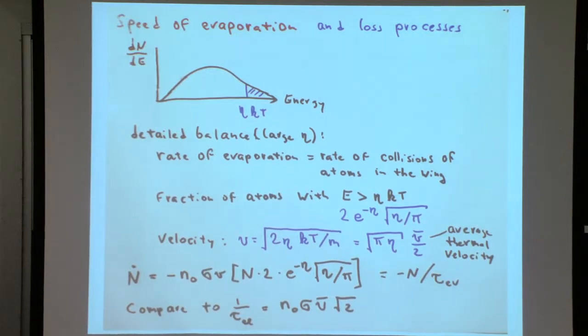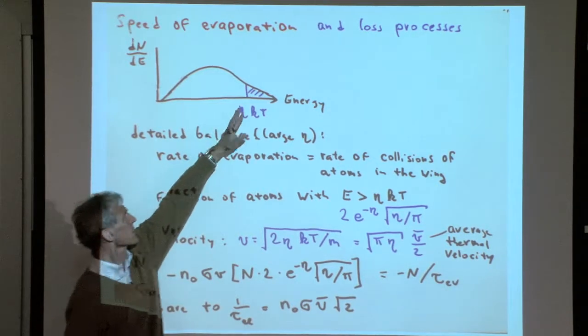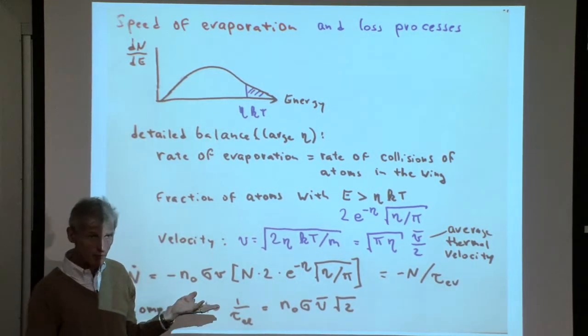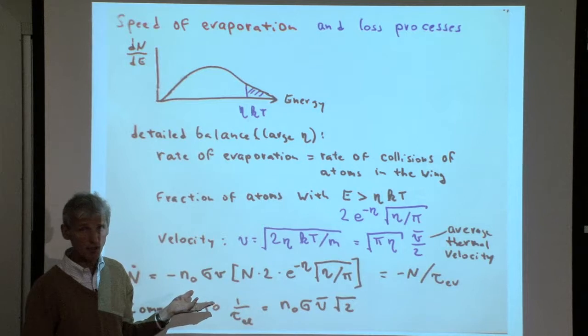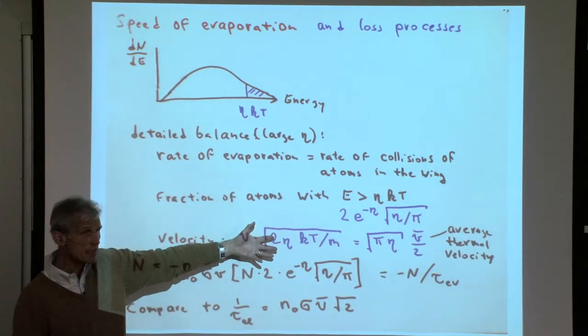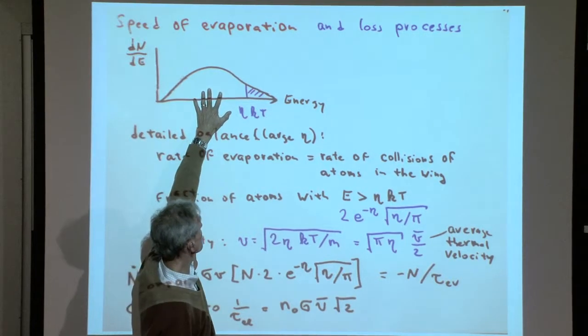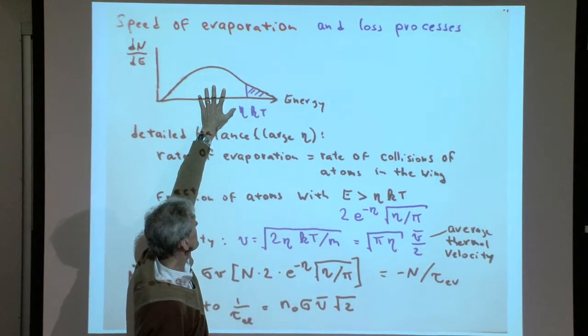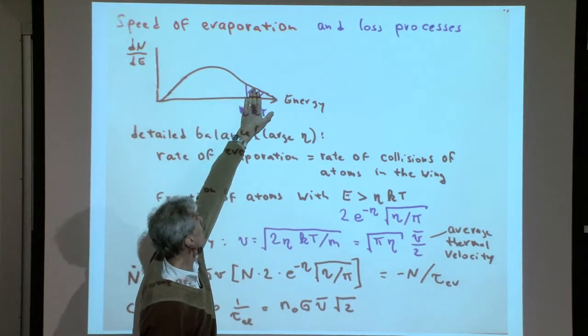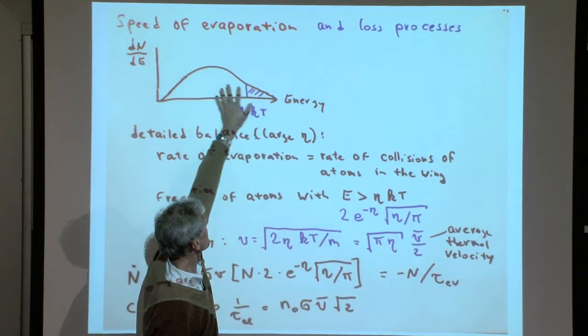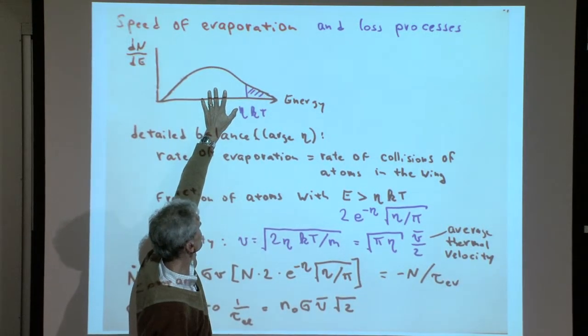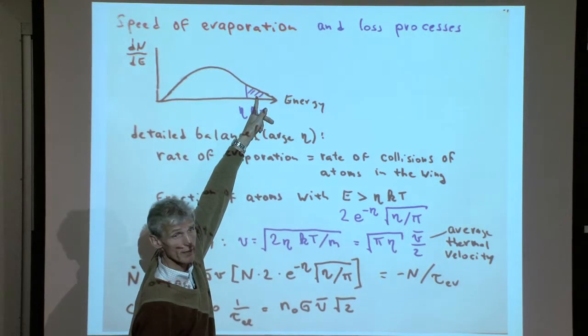No, we assume here that the truncation is only weakly perturbing the Maxwell-Boltzmann distribution. The easiest way to figure out how many atoms are produced per unit time is this: if atoms in this truncated Maxwell-Boltzmann distribution collide, they produce with a certain time constant atoms which will populate the tail.